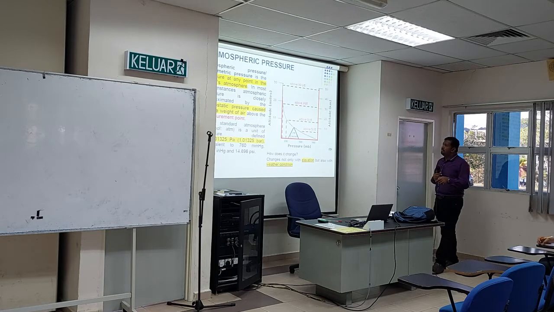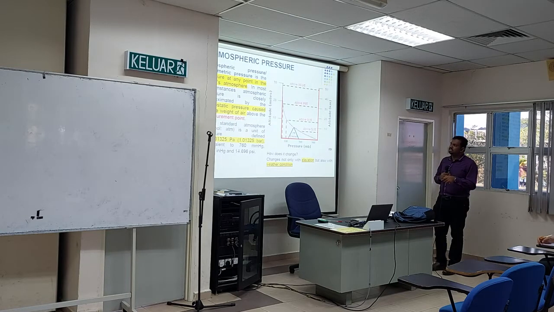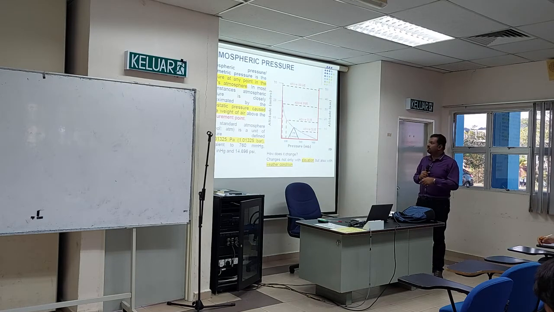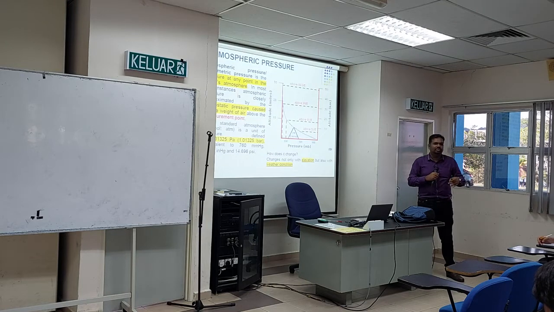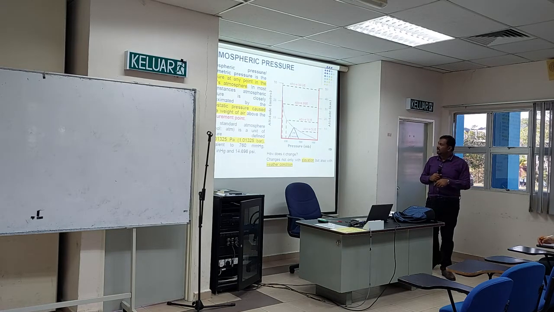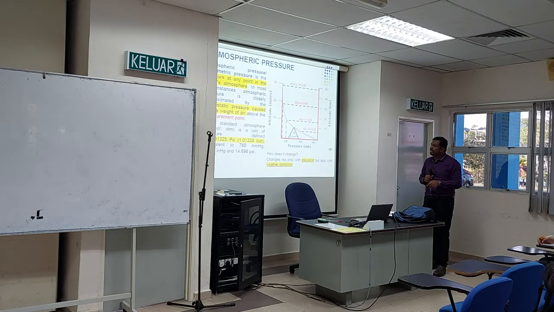Okay, so pressure at any point in the Earth's atmosphere. So kalau you dah masuk dalam atmosphere of the Earth, you automatically will have an atmospheric pressure. Whether it's tinggi atau rendah tu different story lah. But you will feel the atmospheric pressure lah. So that's the idea. Okay, so kenapa you ada atmospheric pressure is because of the weight of the air.